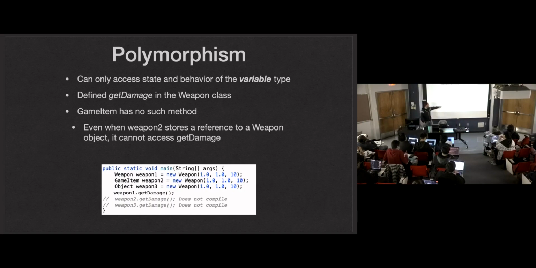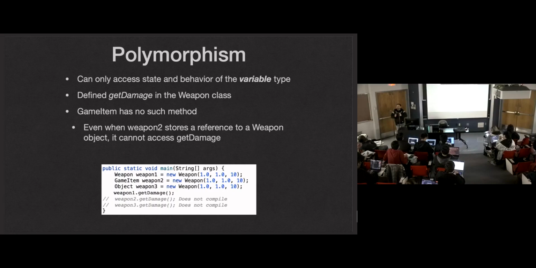So if we store a weapon in a variable of type weapon, we can access all of the state and behavior, or at least all the public state and behavior, from the weapon class. Every method that's known to a weapon, we can access. Everything's fair game. Once we store it in one of its supertypes, once we put a weapon in type game item, we can only access state and behavior known to the game item class.